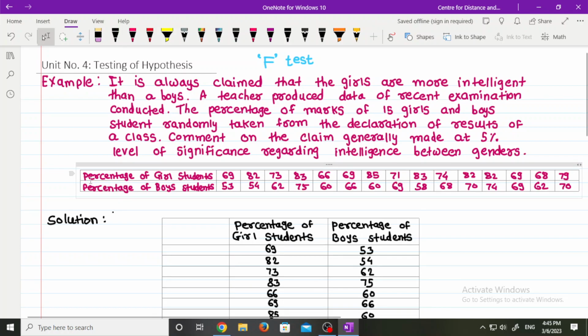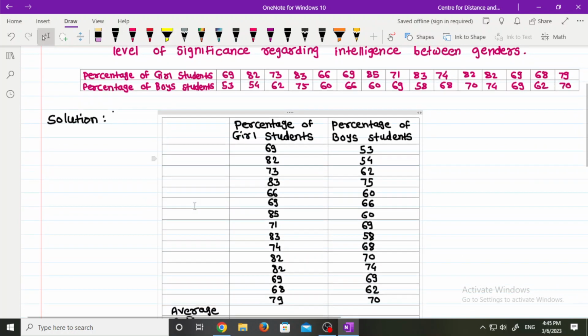Here the percentage of girl students is given, and in the second row the percentage of boy students is given. For the solution of this example, we write the percentage of girl students in the second column and the percentage of boy students in the third column.